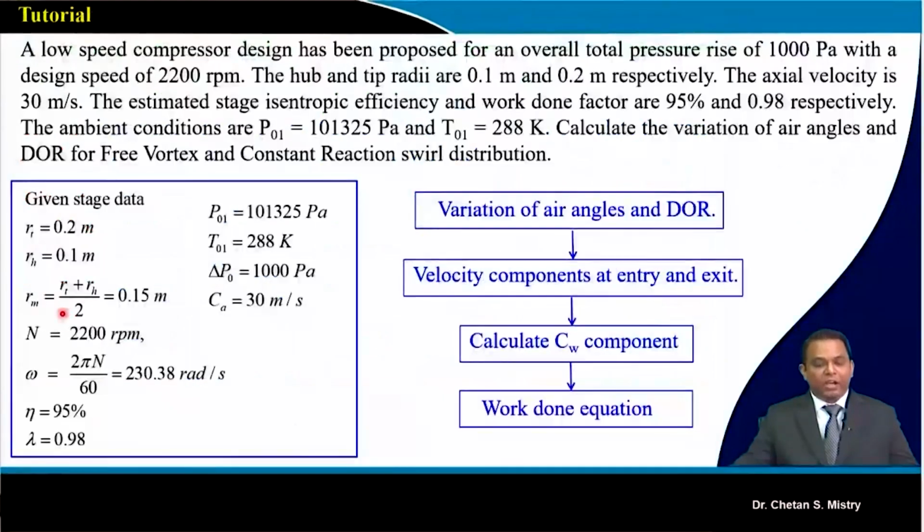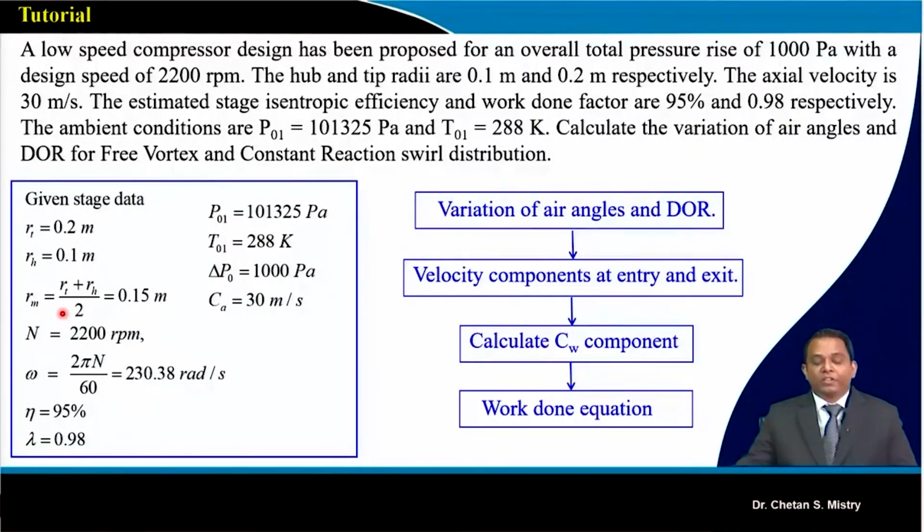So let's take a numerical. It says a low speed compressor needs to be designed to have an overall pressure rise of 1000 Pascal with a design speed of 2200 rpm. The hub and tip radius are 0.1 meter and 0.2 meter respectively. The axial velocity is 30 meter per second.